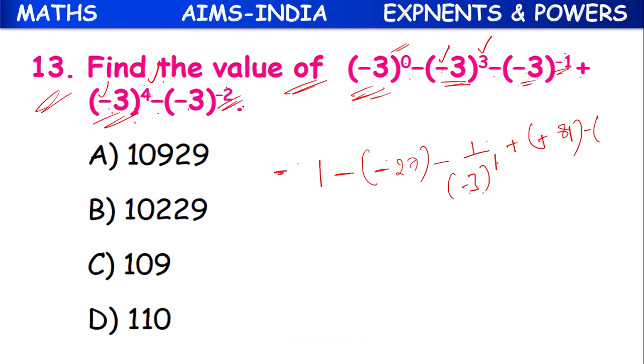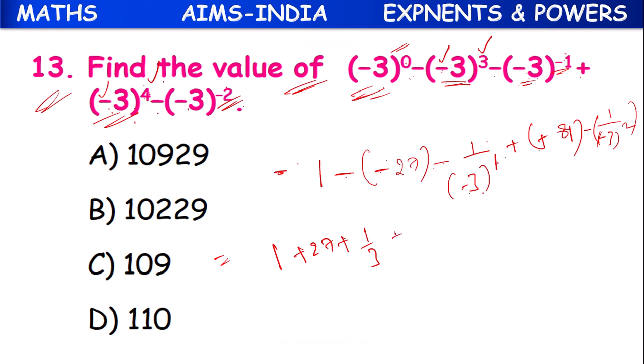Minus, here a negative exponent is there, so we write 1 by (minus 3) whole square. That is equal to 1, minus into minus plus 27. Minus will always go upside. Minus into minus plus 1 by 3, 1 no need to keep.